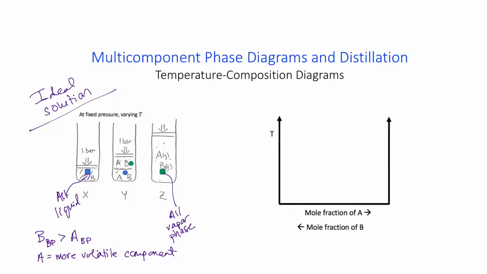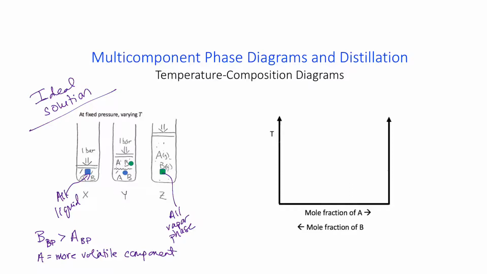Okay, and we're also going to assume that we're working at normal pressure, so we'll say 1 atmosphere or 1 bar of pressure, and that will allow us to basically make this plot as a function of the normal boiling points of the components of our mixture.